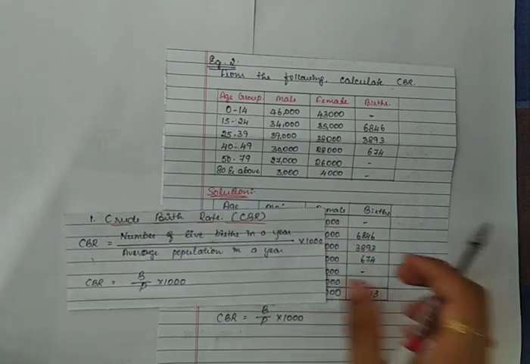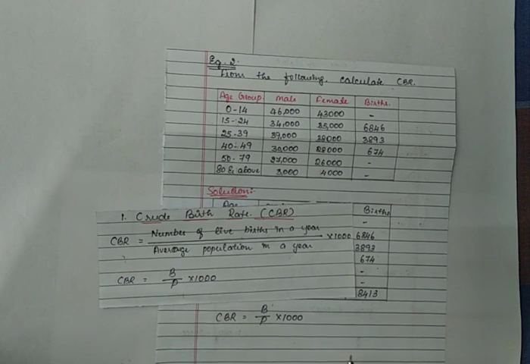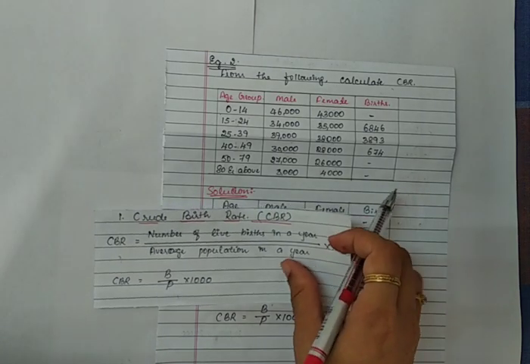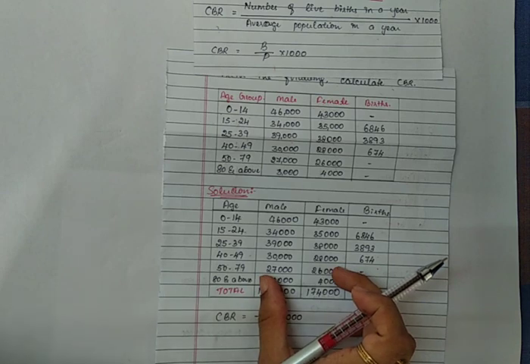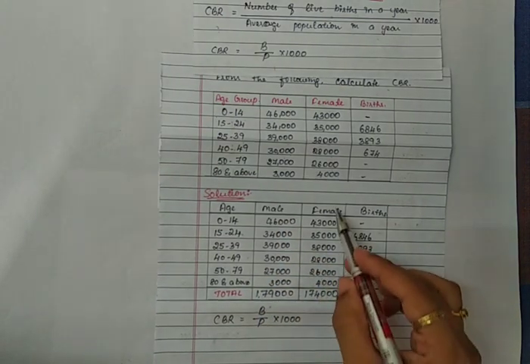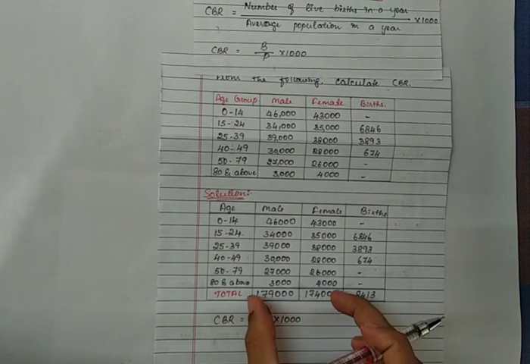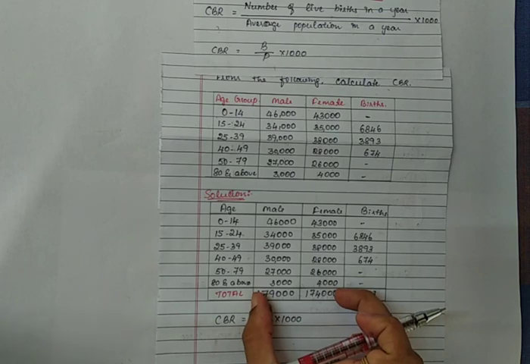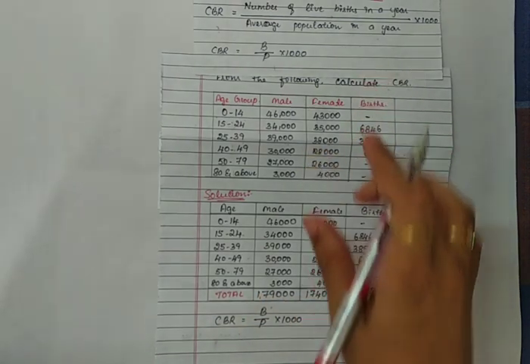And the next one, average population. So what is average population? Our average population means the total of male and female. Okay, so male total is 1,79,000, female total is 1,74,000, and this is average population, and this is live birth, isn't it?